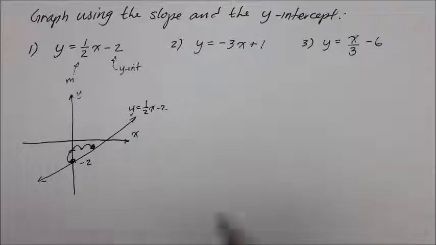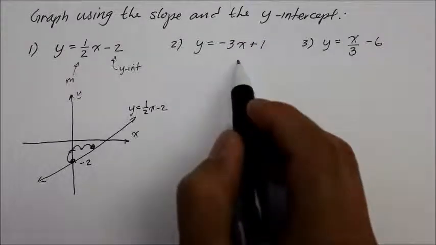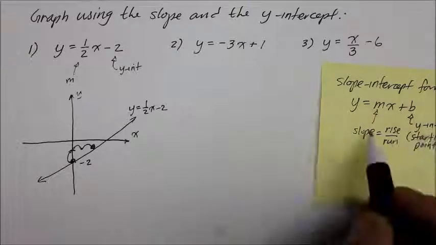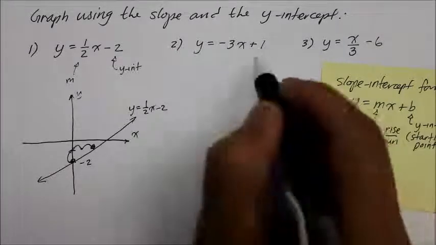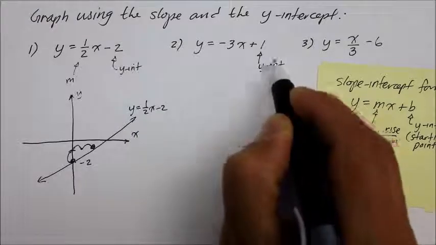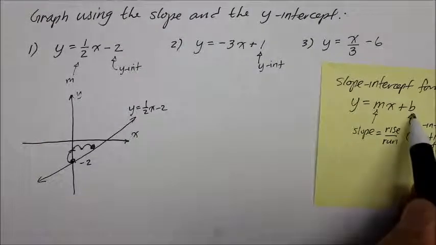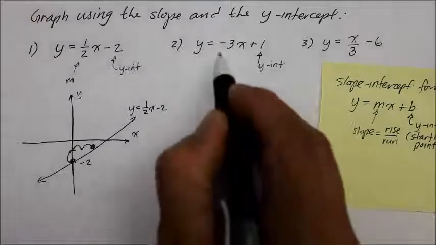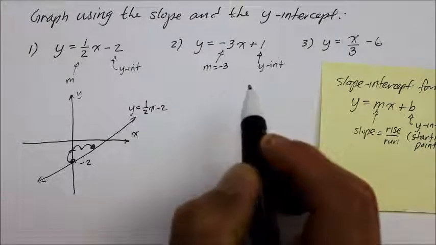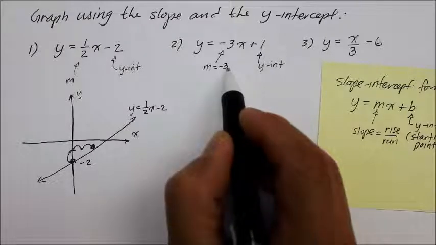Okay, so number 2, again, is a slope-intercept form. Here is the general form: y is equal to mx plus b. You could tell that the 1 is the y-intercept, sometimes symbolized by the letter b. But the slope is -3. But where's the rise over run?